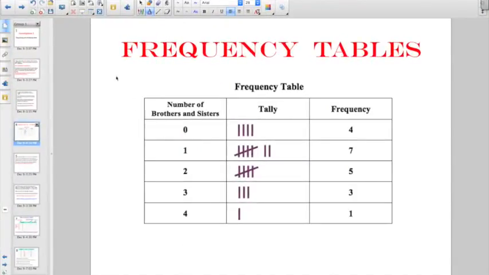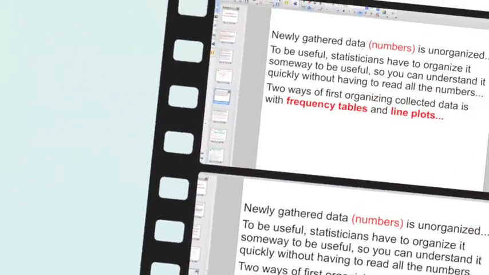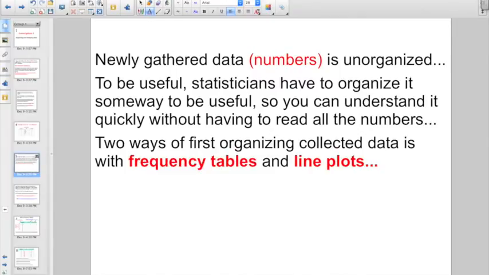So the first thing we want to talk about in this study of data is frequency tables. And what you've got to know about this whole data thing is that newly gathered data, meaning the numbers, is always going to be unorganized.